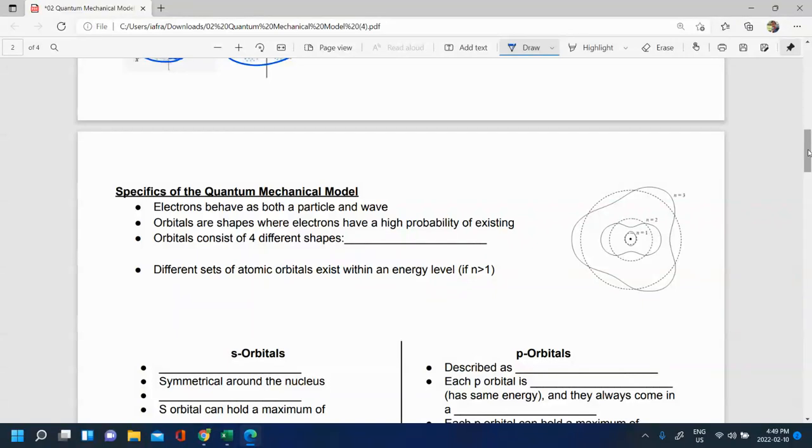And so we're going to learn a little bit about the orbitals right now. There are 4 different shapes or probability graphs you can get, and they're given these letter names, S, P, D, and F. So you can have an S, P, D, or F orbital shape.